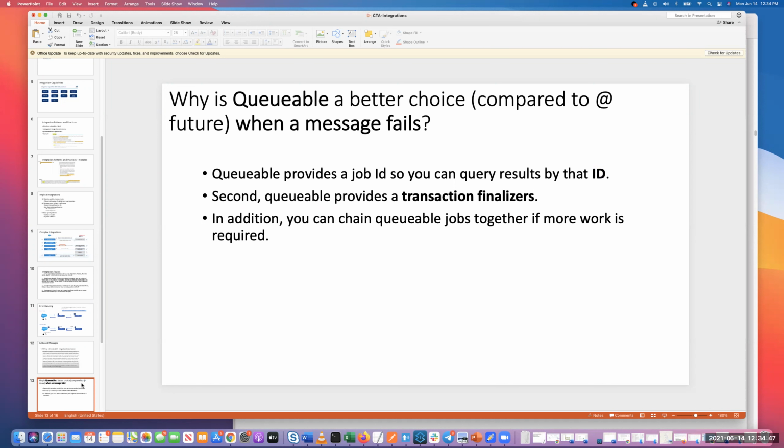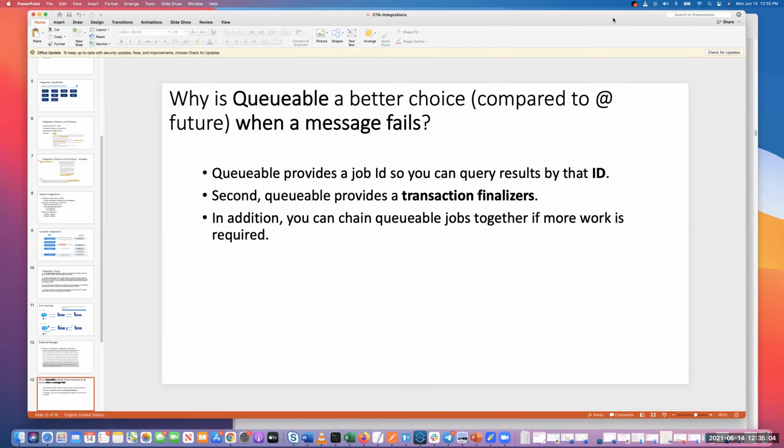That's perfect. Now, a use case for @future or Queueable: if you do Queueable, it moves to asynchronous. From Salesforce's perspective it is asynchronous, but from the remote system's perspective it doesn't have to be.